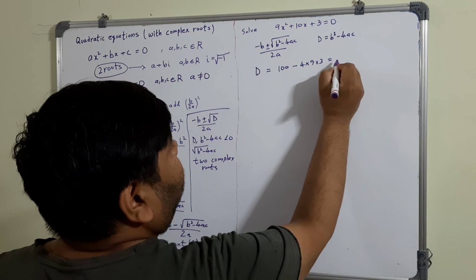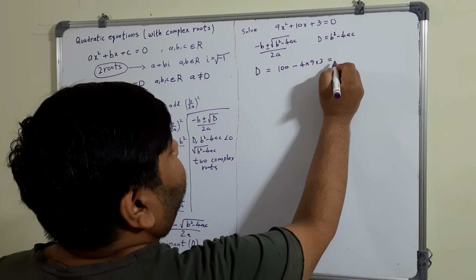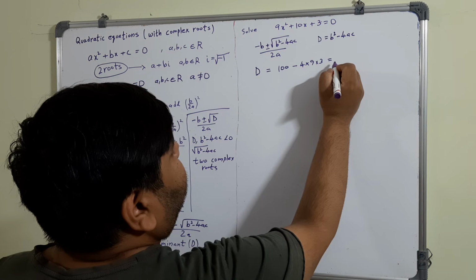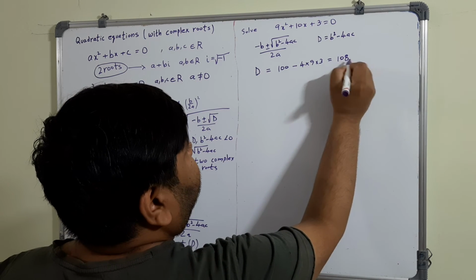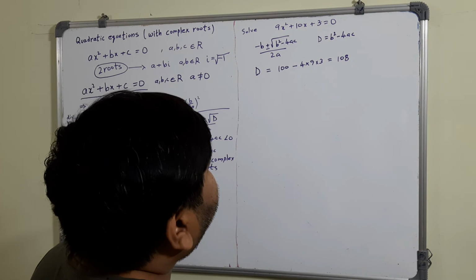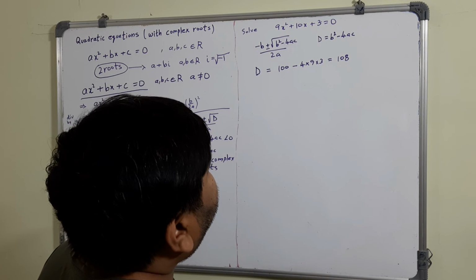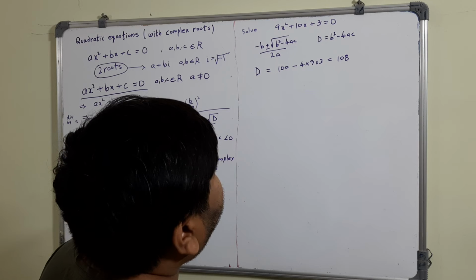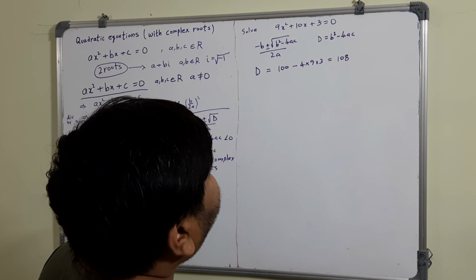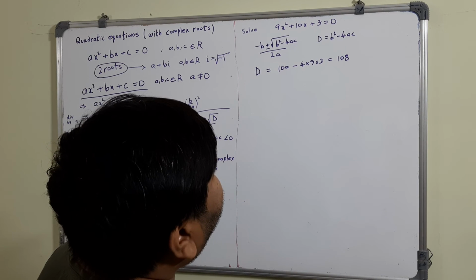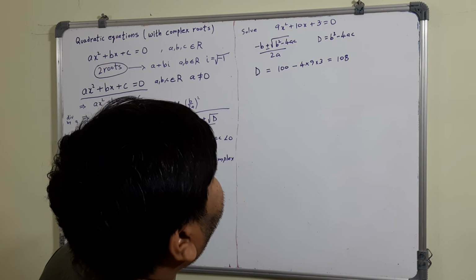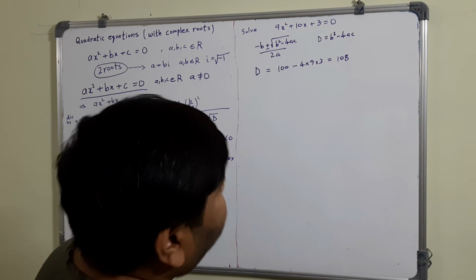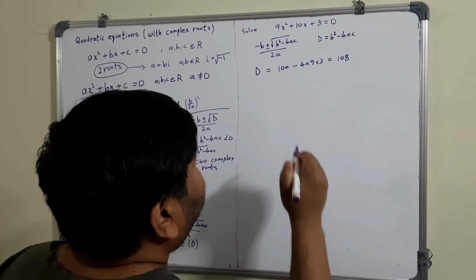So this equals 12 times 9, which is 108.